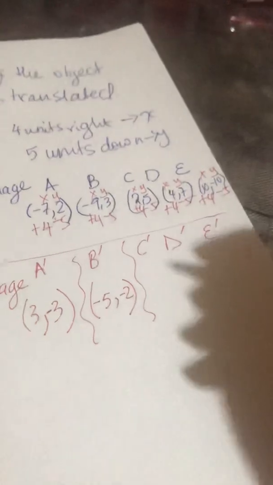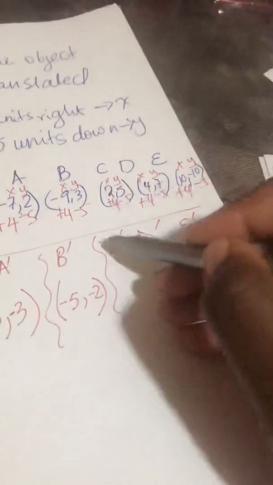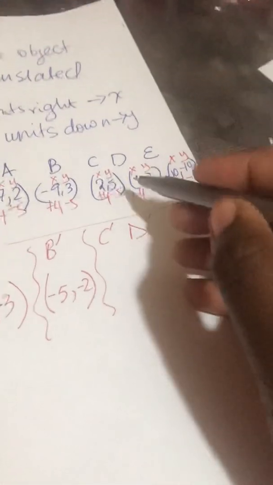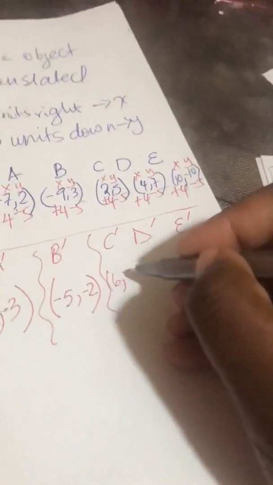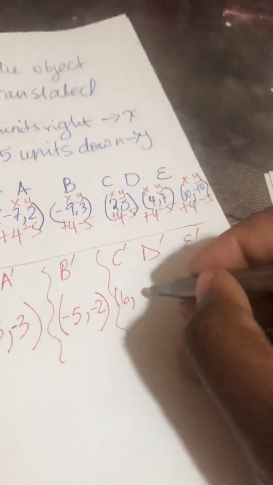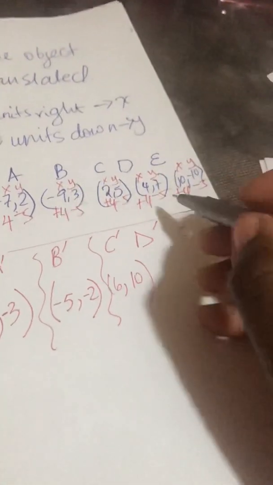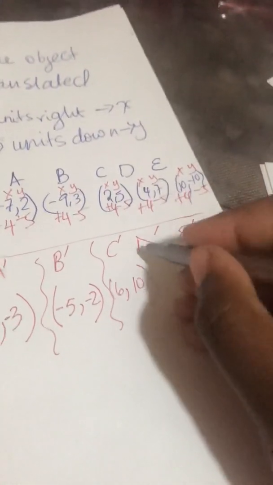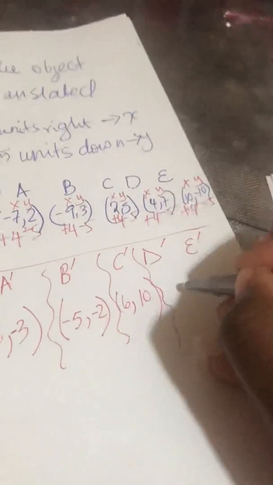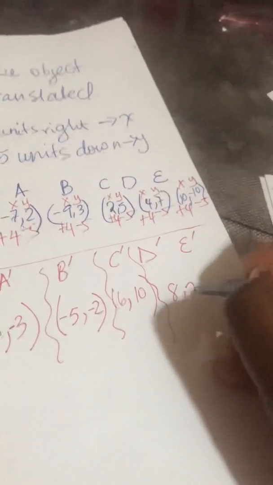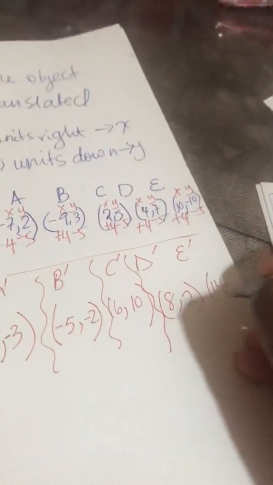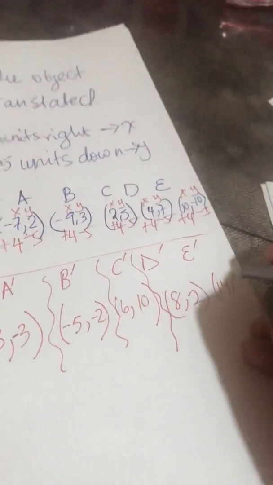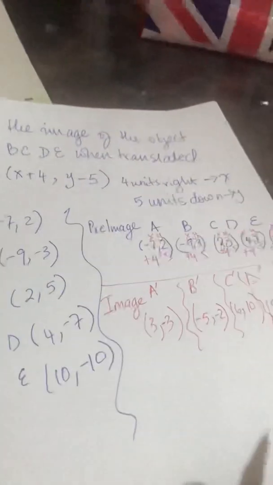Okay. And then you plot on your graph paper. 2 plus 4 is 6. 5 minus 5 is 0. Let's do D. 4 plus 4 is 8, and -7 minus 5 is -12. And E will be 14 and -15. So this is you translating.